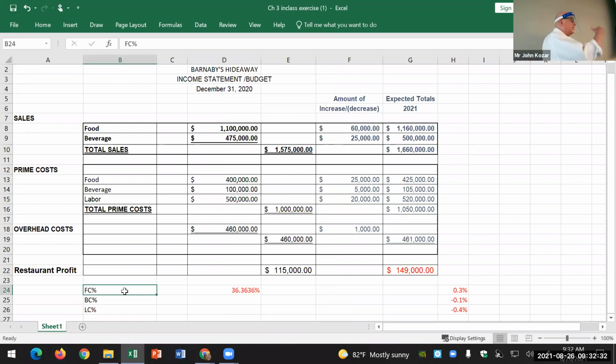Okay, so if you get an answer that looks like this, 36.3636, you're rounding that to 1 decimal point. So if that second decimal is 5 or higher, you're going to round it up. If it's a 4, 3, 2, 1, or 0, then it would stay at the 3.